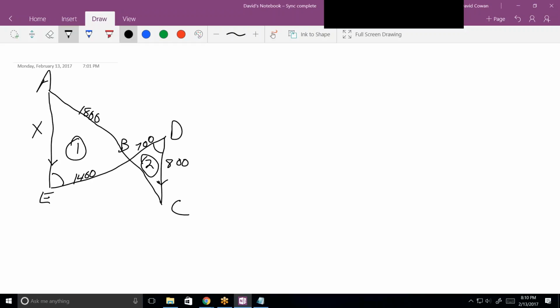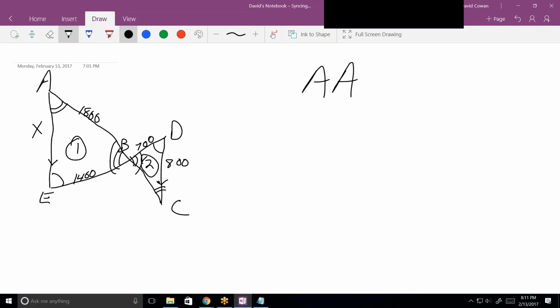So this angle A is not the same as angle E, don't need it to be the same, but it is the same as angle C because of the two parallel lines. Now I have the third angle. This angle right here has to be equal to that one right there. But actually we knew that in the first place because they're vertical angles.